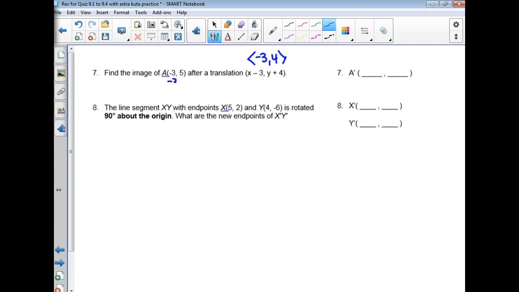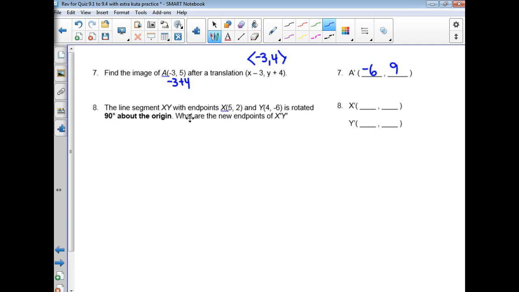So that's what I'm going to do right here. Subtract 3 from the x and add 4 to the y. So the image of A after that translation would be negative 3 plus negative 3, which is negative 6. 5 plus 4, 9. That's all there is to that question. Just have to understand that what you're supposed to do is right here.